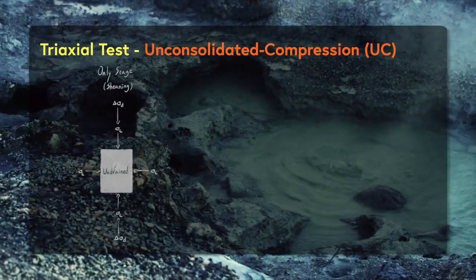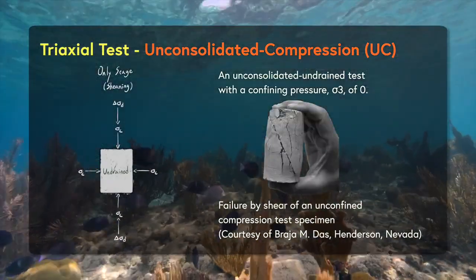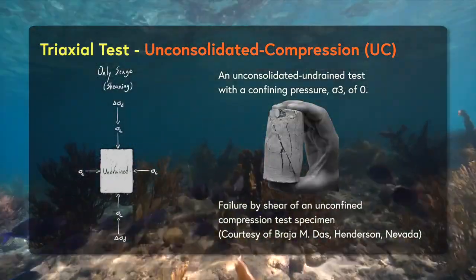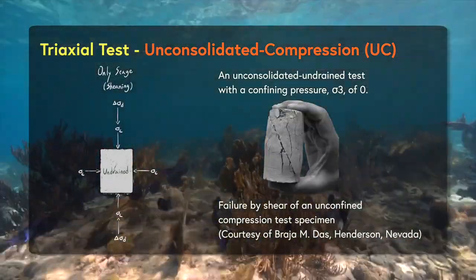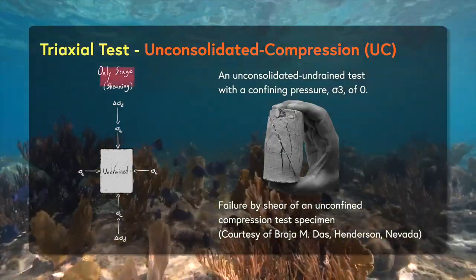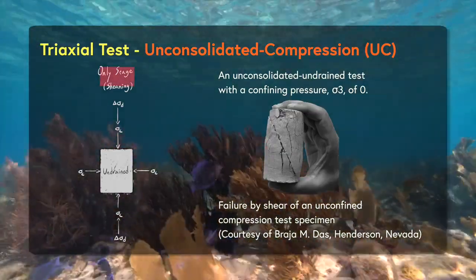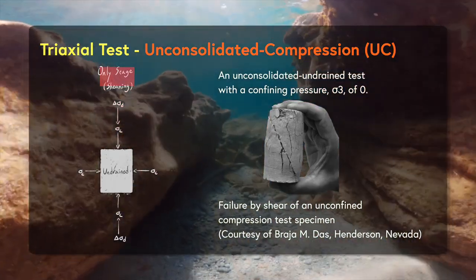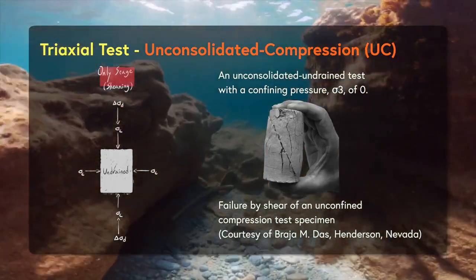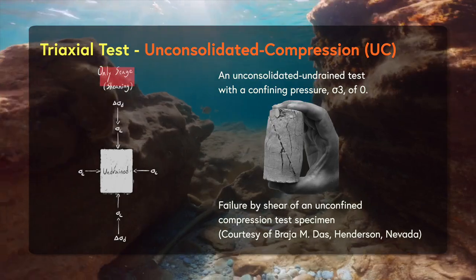The last triaxial test that we can perform is the UC test, the unconfined compression test. Basically what it means is we don't have the first consolidation stage. So we will directly apply vertical loading to the specimen, and the confining stress is basically equal to 0.